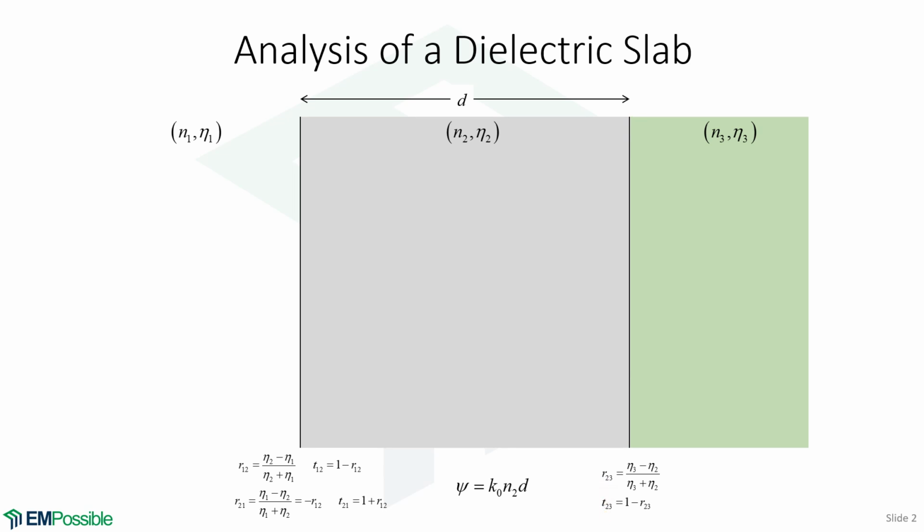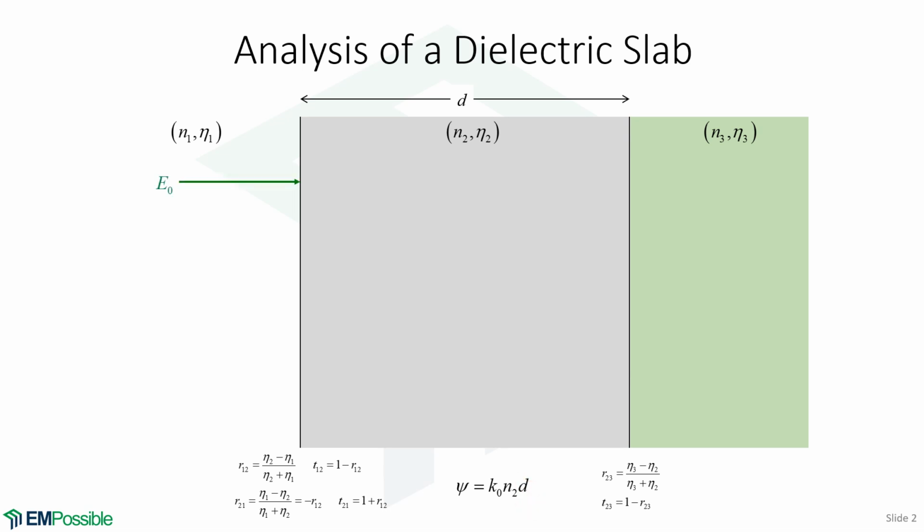We don't have to worry about R32 or T32 because we do not have any waves incident from the right. We do have a wave incident from the left, and it will reflect, and then it will also transmit. Now, a wave will accumulate phase as it propagates through this material, and so that phase psi is K naught times the refractive index times the length of this slab.